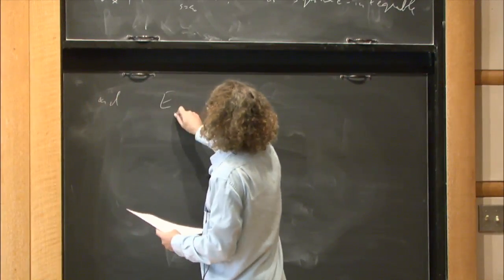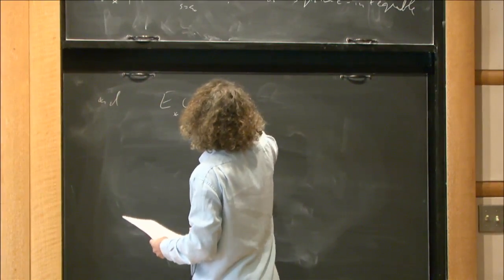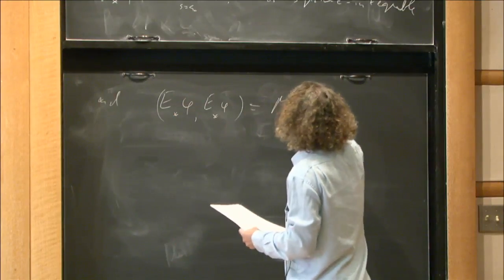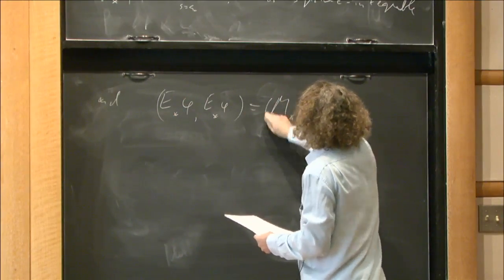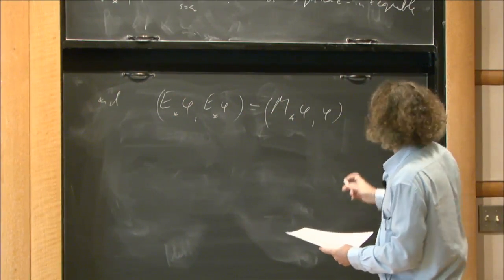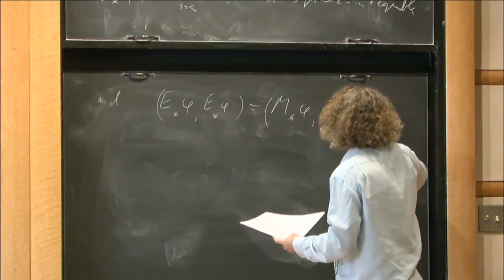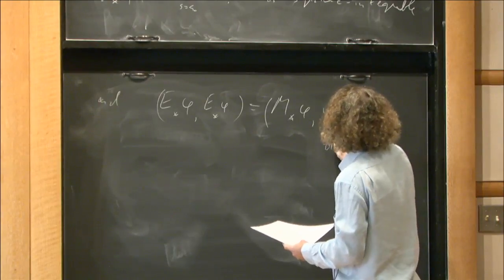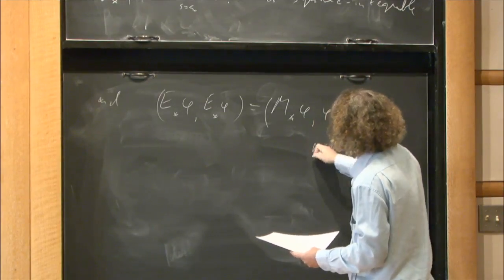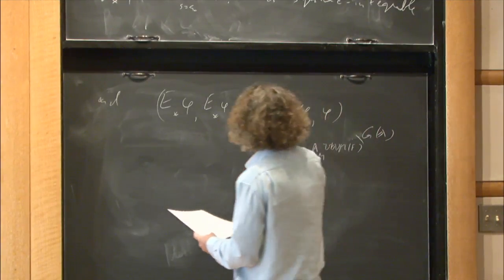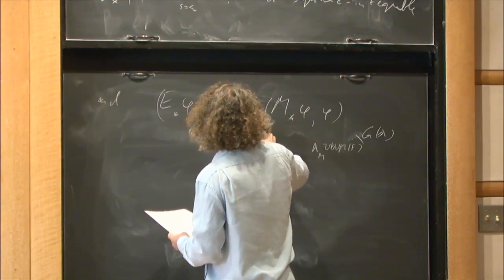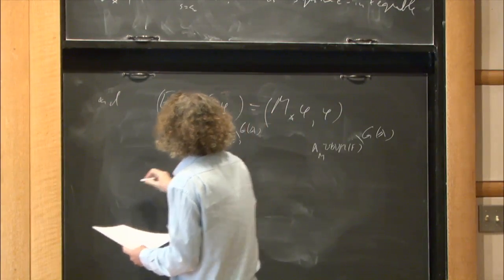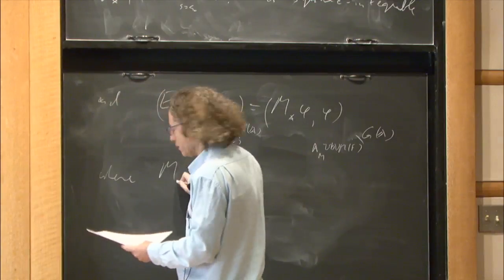And its inner product with itself is given by the inner product of the residue of the intertwining operator, on MA, or if you like on GA mod the center. This is meaningful. And of course, M star is the residue of the intertwining operator.